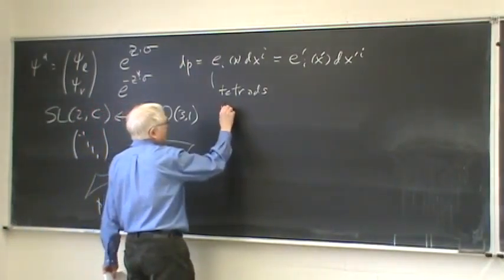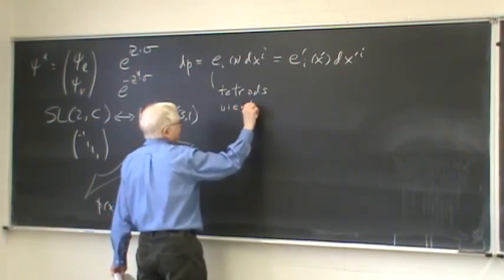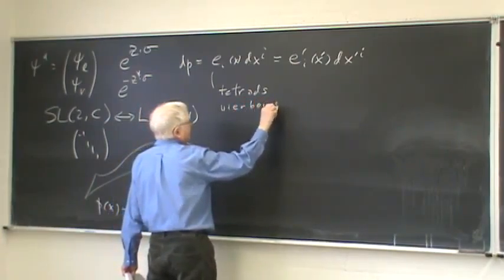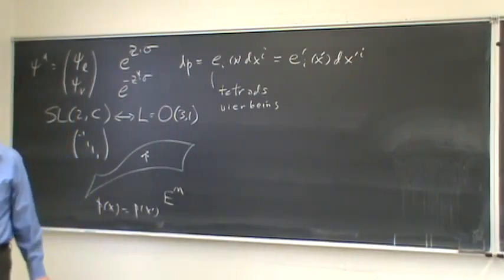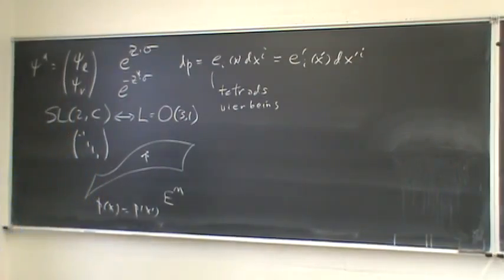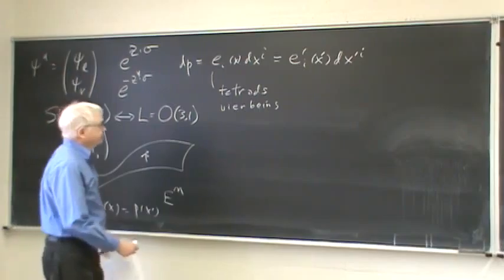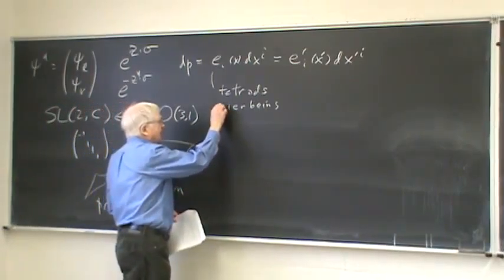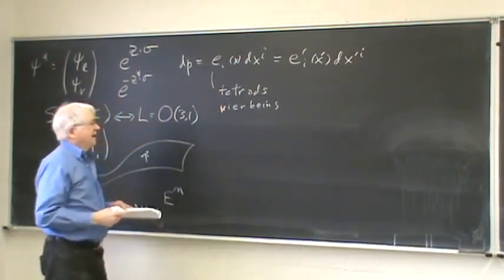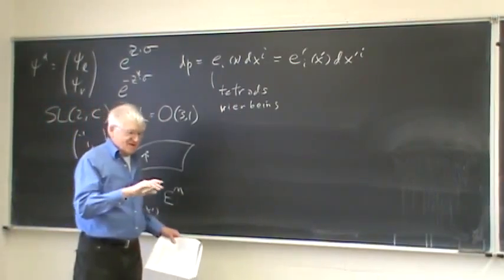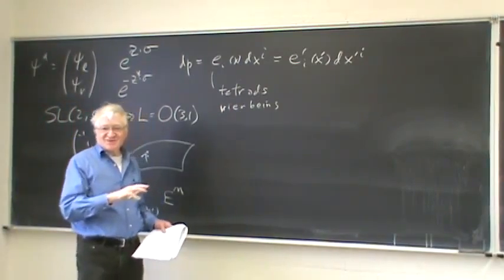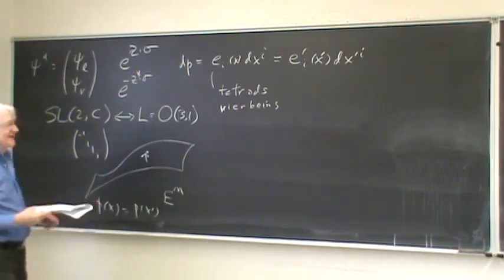In German, they're called Vierbeins. But I just think tetrad sounds so much nicer than Vierbein. It's shorter anyway, and for somebody who doesn't touch type, it's a real advantage.